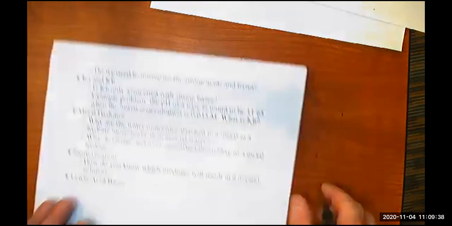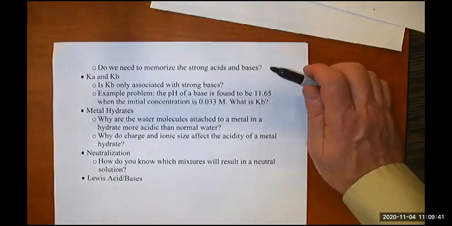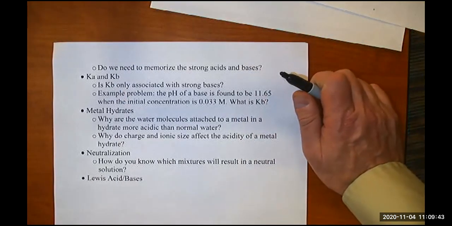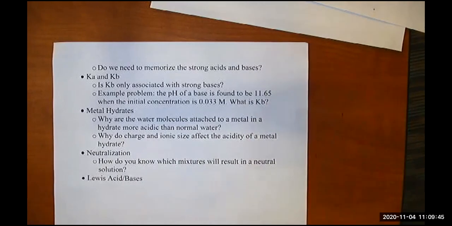Okay, so let's see. Very straightforward question. Somebody asked, do we need to memorize the strong acids and bases? I don't tend to ask you to memorize too many things because I know you can just look them up, and I don't have a problem with that. There are lots of things that I don't have memorized that in previous generations people would have had memorized.